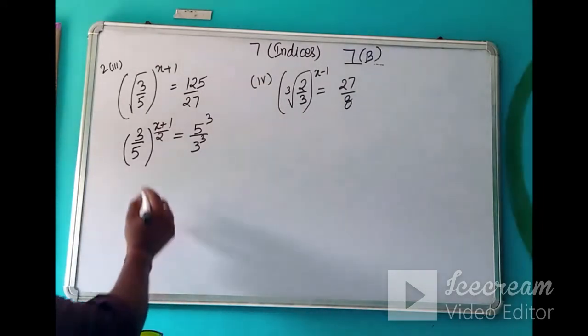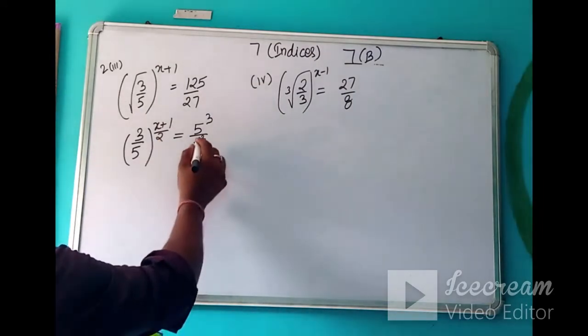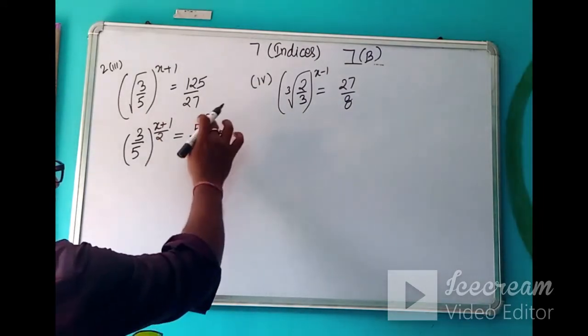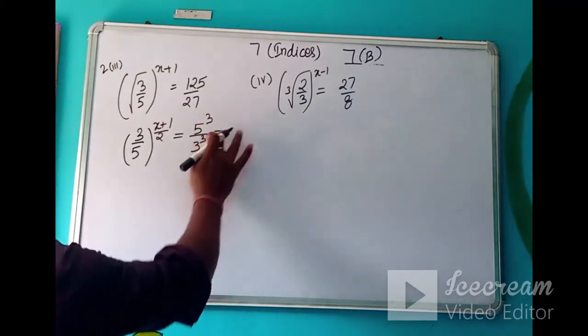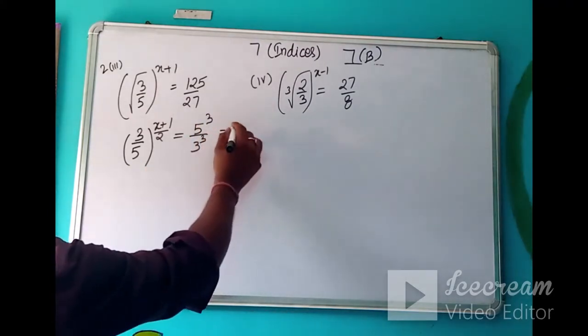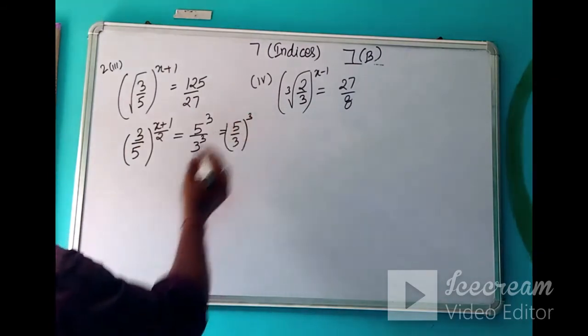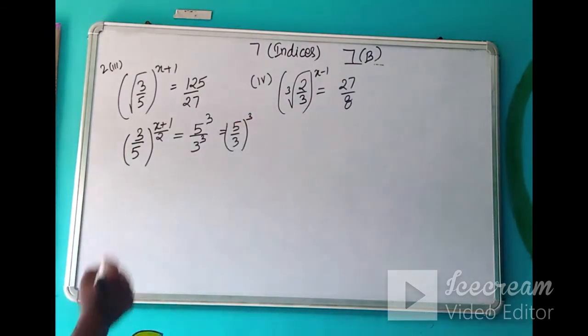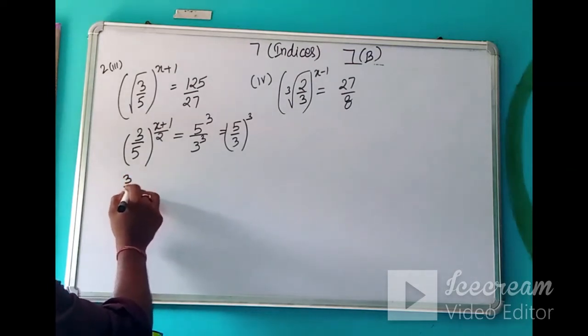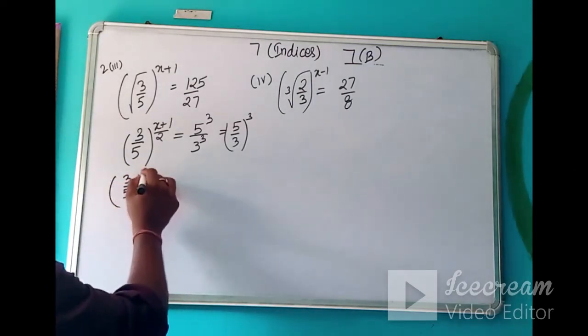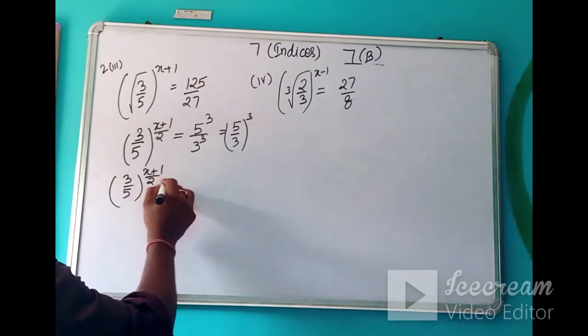In the next step, this 5 cube upon 3 cube, we will write like this, 5 upon 3 whole cube. So now it becomes 3 upon 5 to the power x plus 1 by 2 is equal to.